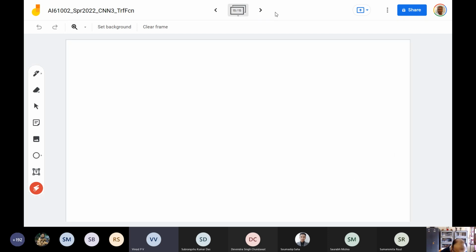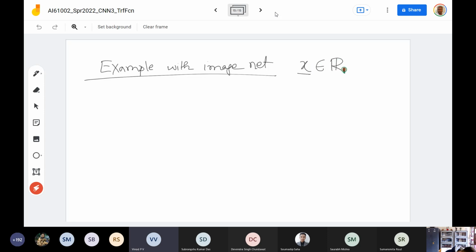So now from here, if I take that example with ImageNet, your X belongs to R power of 3 cross 227 cross 227.